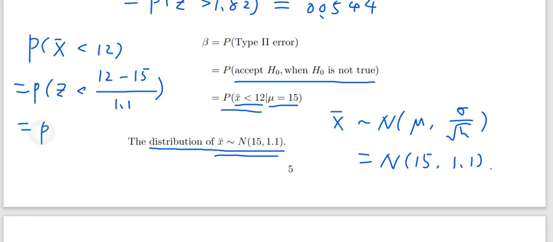So this equals, let's see, z less than, this divided by 1.1, equals 2.73. Yeah, so that's equal to negative 2.73.